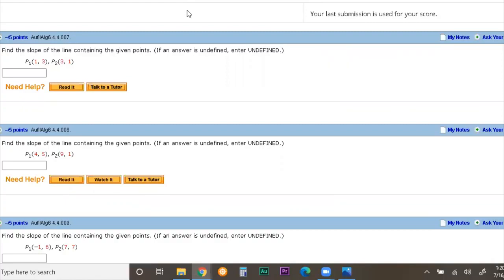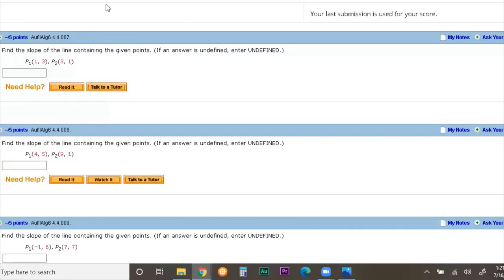We can do this several ways. We can graph both of the points and find the slope from the graph, or we can use the slope formula, which is what we're going to do.